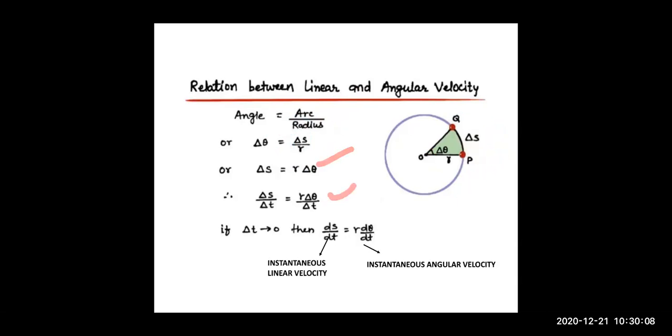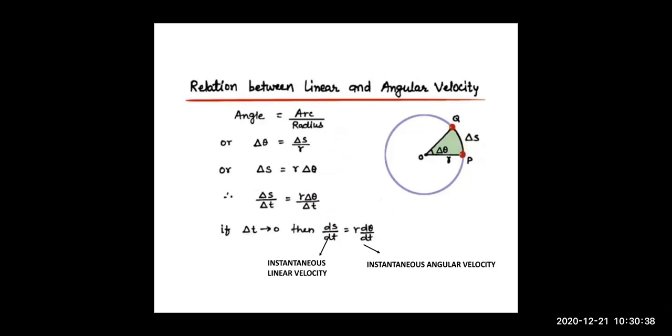Now here children, if we assume del t to be very small, so del t tends to 0, our del will change to d. So instead of del S by del t, we will have ds by dt. That will be equal to r del theta by del t, and instead of del theta by del t, we will have d theta by dt, because the time t tends to 0, that is very small.